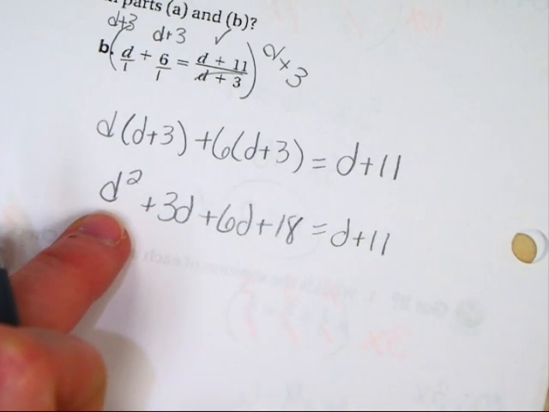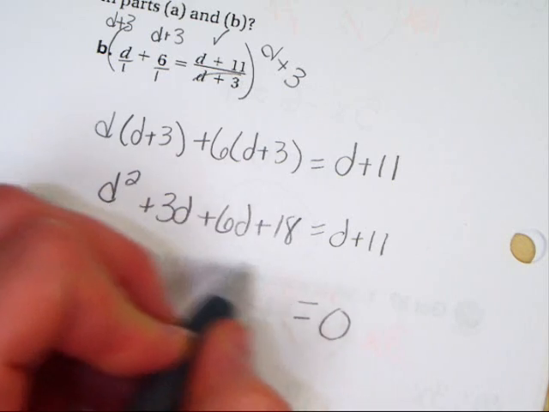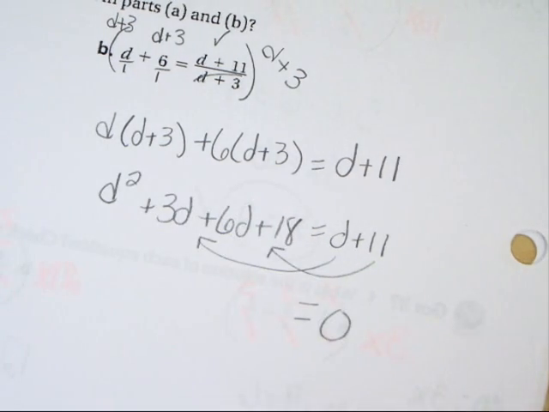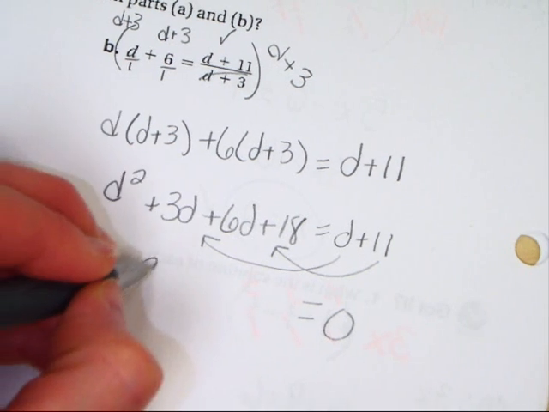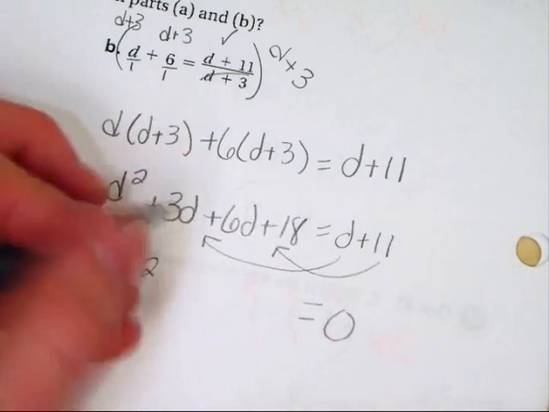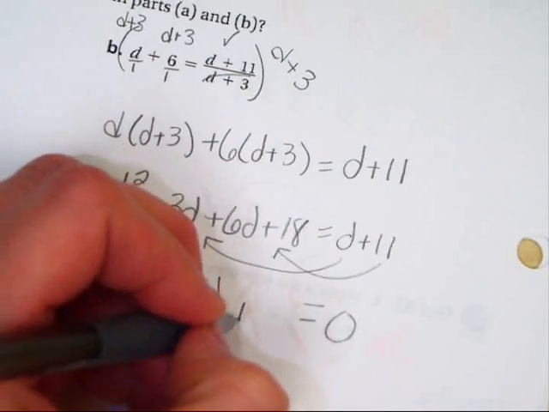Now you see how you have a d squared? We're going to set everything equal to 0. So I'm going to move my d over and combine like terms. And my 11. You ready? So d squared, 3 and 6 makes 9, minus 1 makes 8d, 18 minus 11 is 7.